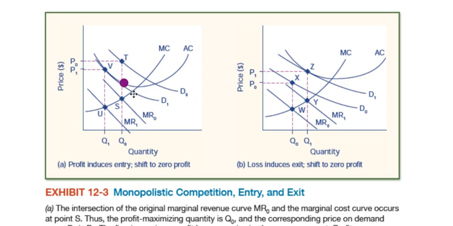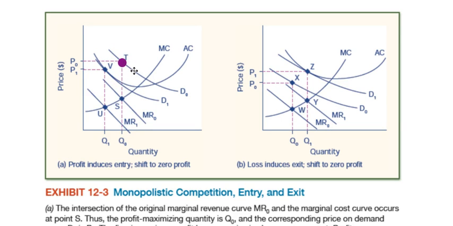So what happens? Other firms decide, hey, if there's a lot of profit in toothpaste, I'm going to start making toothpaste. Other firms come into the market, which shifts the demand for this particular firm to the left.